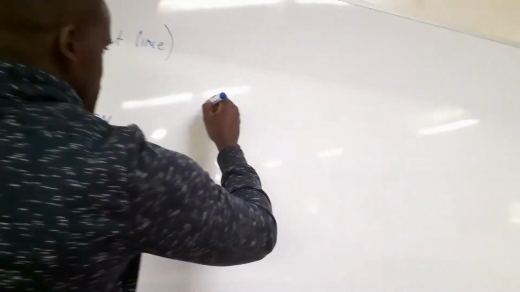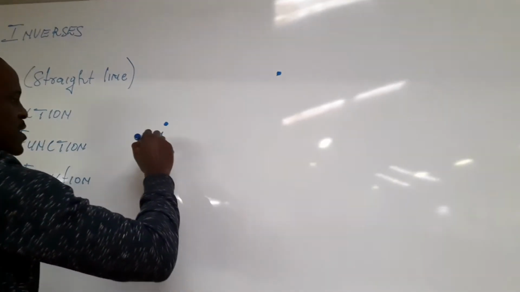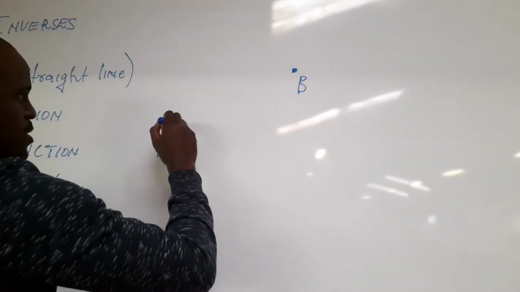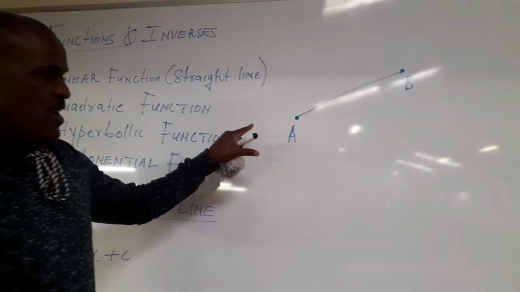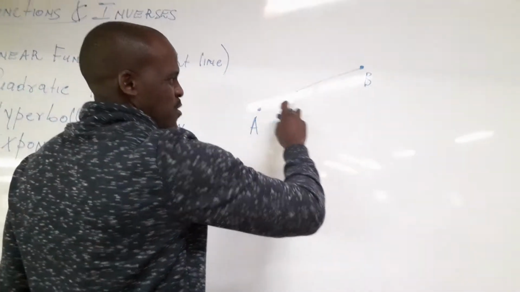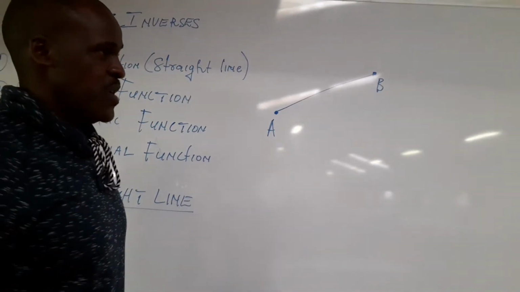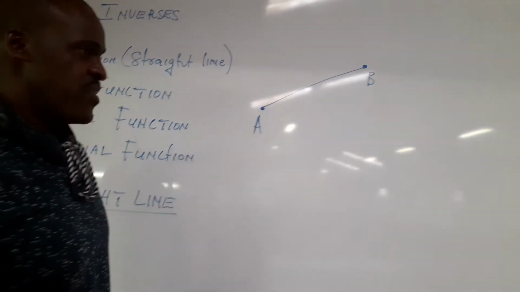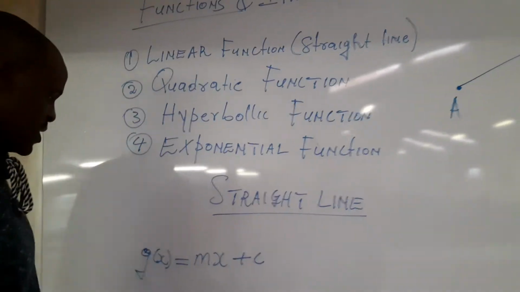If you have, for instance, the 2 points, point A and point B, joining them forms a straight line. A straight line can be horizontal or on an incline. It depends, so for a straight line you have to find the gradient, which tells the slope of that function.